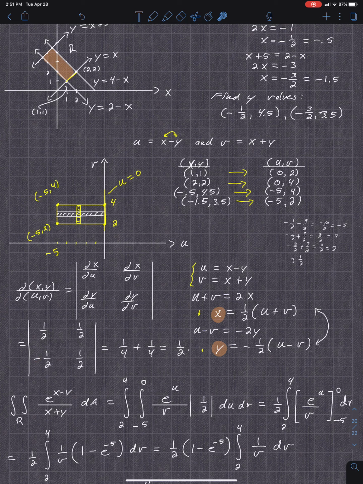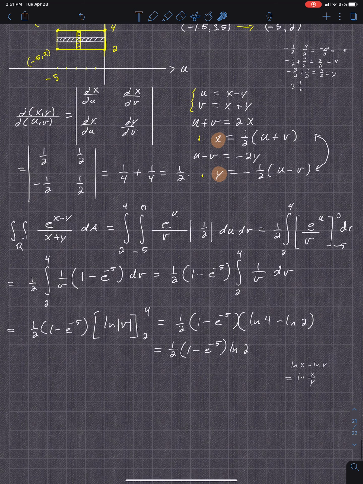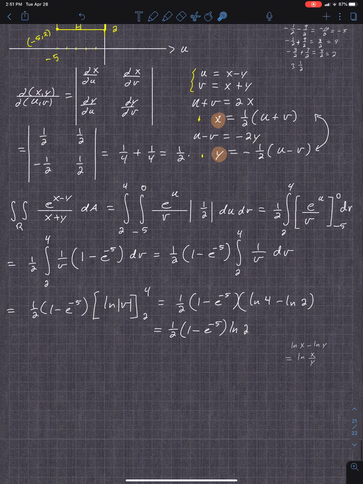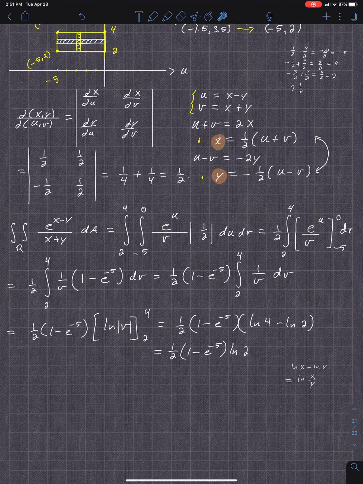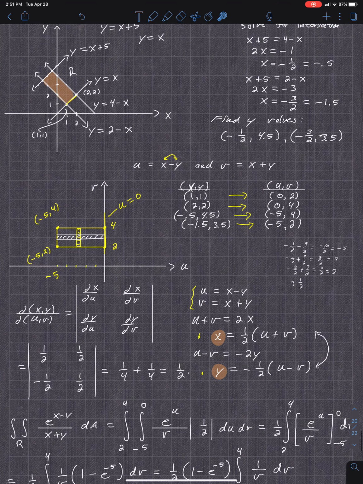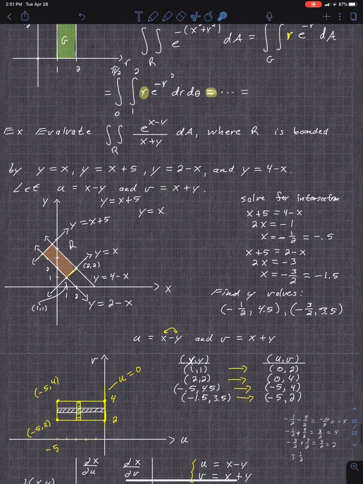Then you're going to integrate over this region. Spend some time on this one to work it out, and you get this form. This would normally take a good 15 minutes or more of work to go through all these steps. So look at the steps again. You have your region that you have to draw.